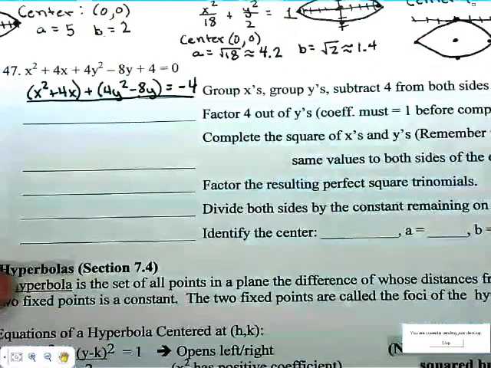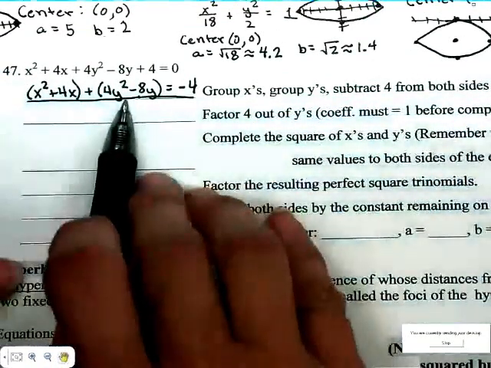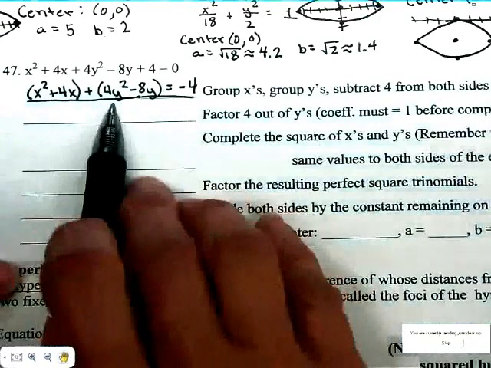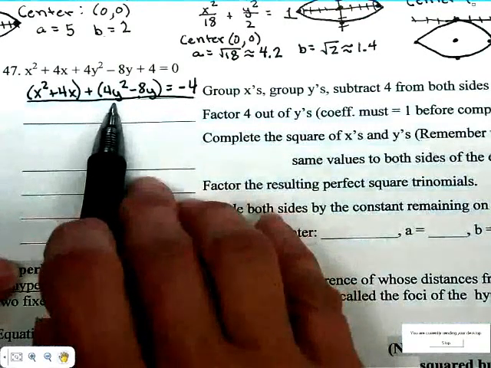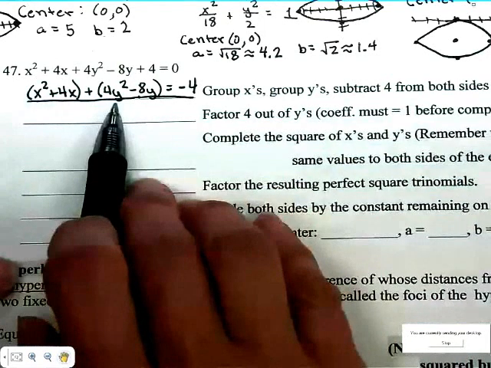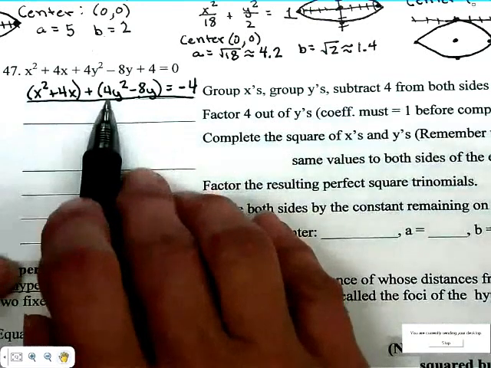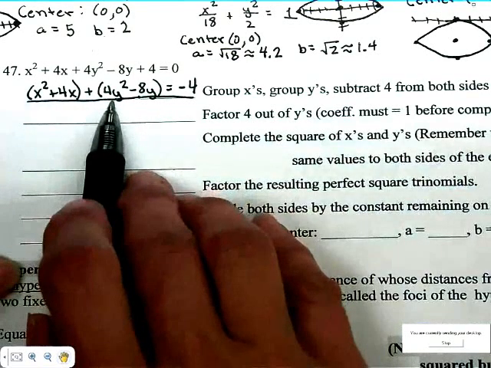Now, we encountered this in section 2.4, a problem that I have to take care of before I can complete the squares. What's the problem I need to take care of? I need the coefficient of y squared to be 1 before I can complete the square.